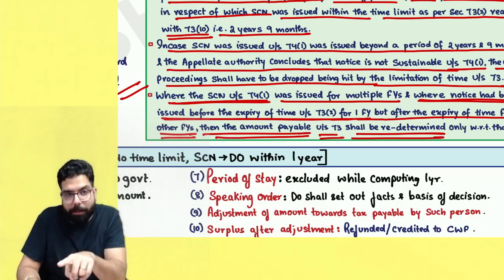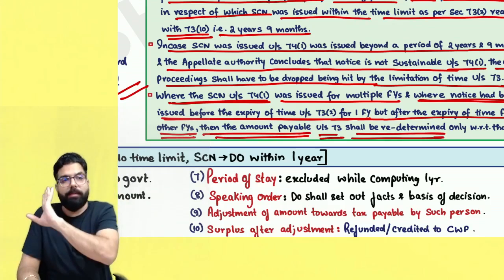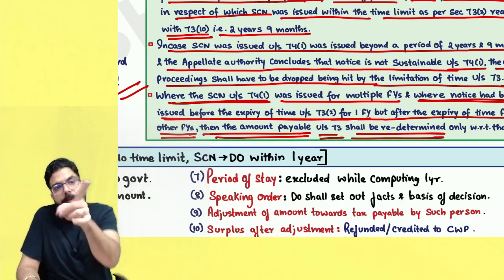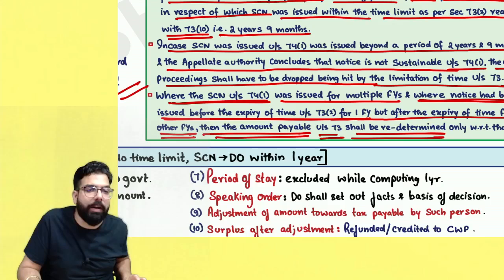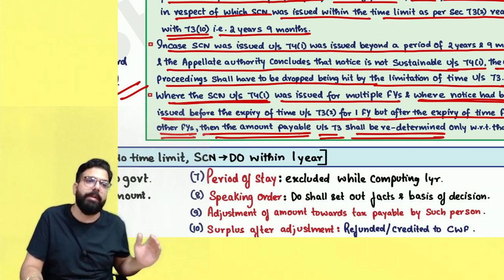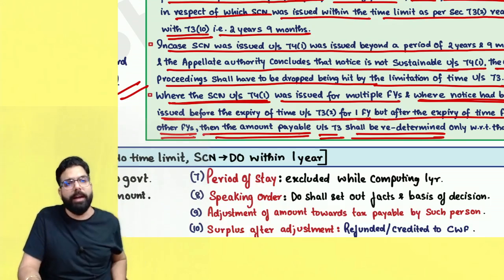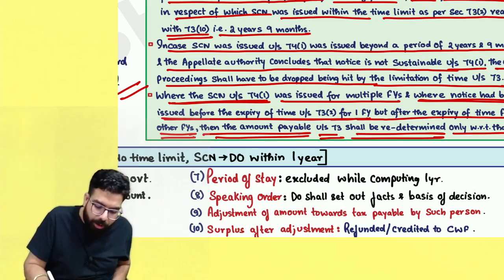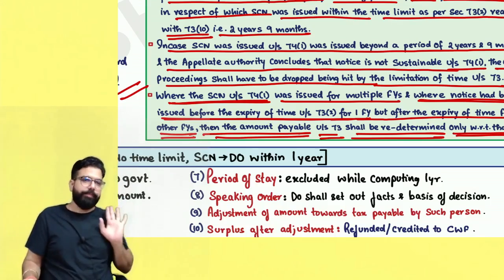Means the demand order can be raised only for that much of the show cause notice which has been issued within time as per section number 73(2), read with section number 73(10), that is 2 years and 9 months. That is what is being told only with respect to 1 year.